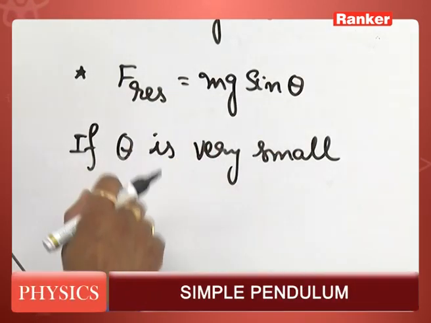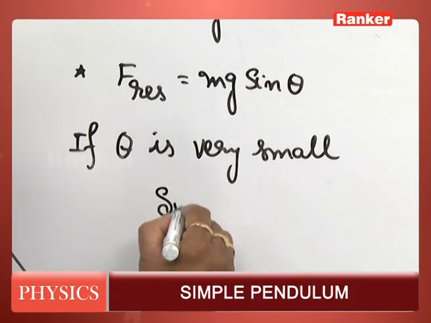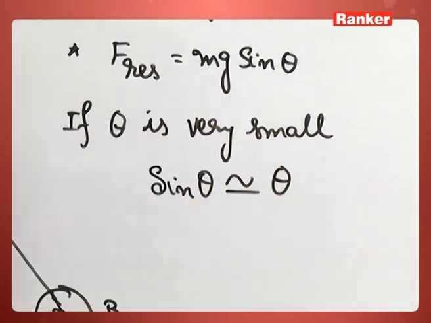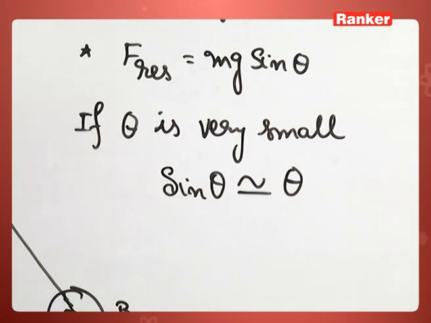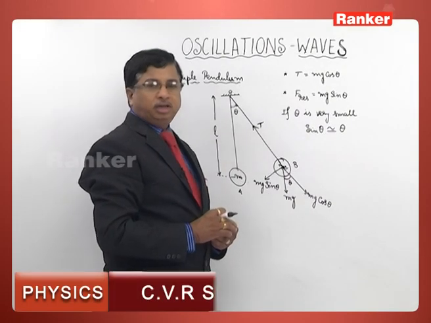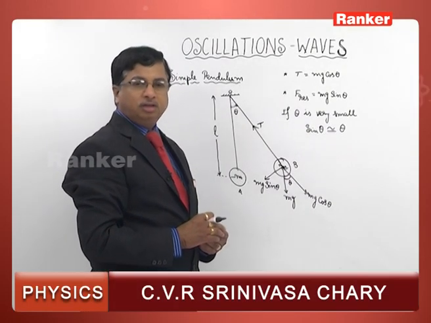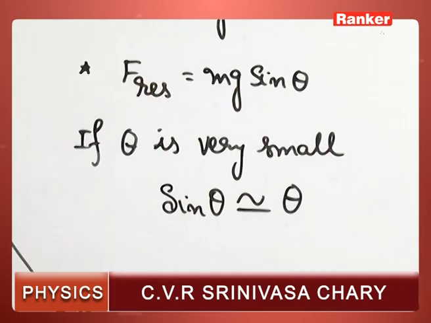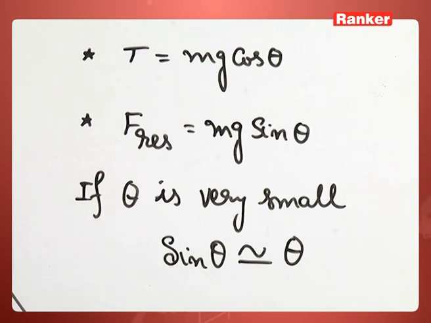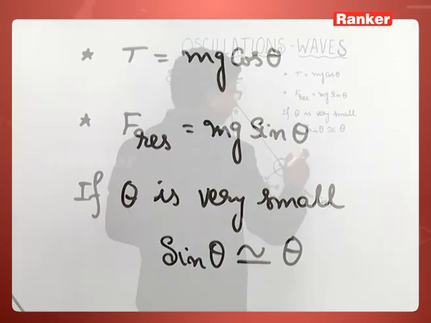So when theta is very small, sin theta can be written as theta. In fact, we have a small concept in mathematics under limits: limit theta tends to 0, sin theta by theta is 1. So automatically sin theta can be written as theta by cross multiplication. So this is the conclusion.